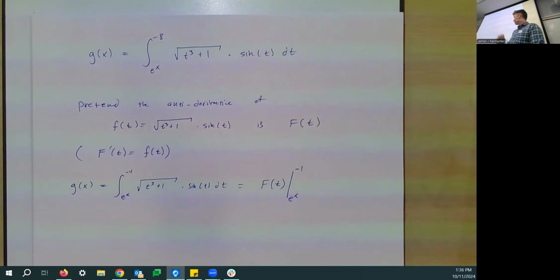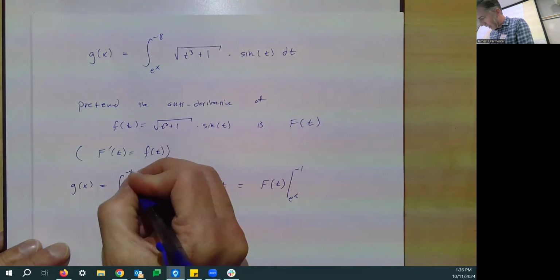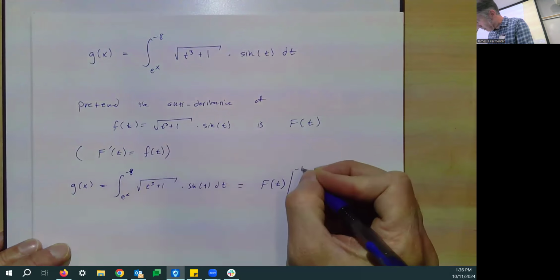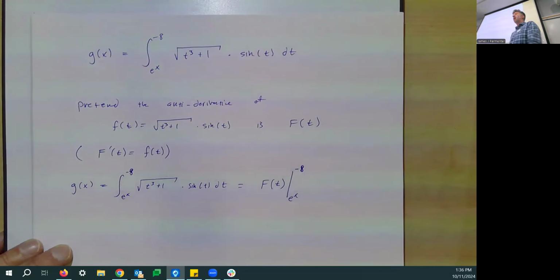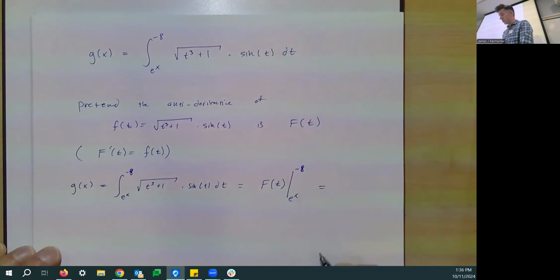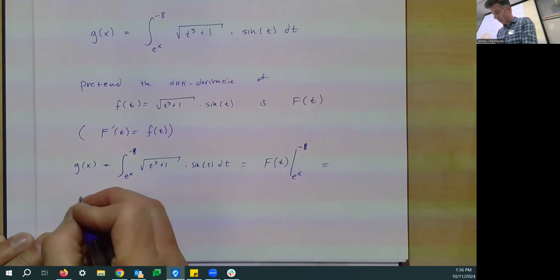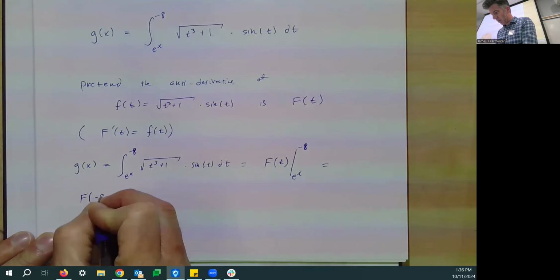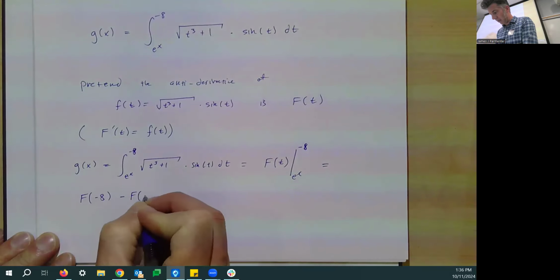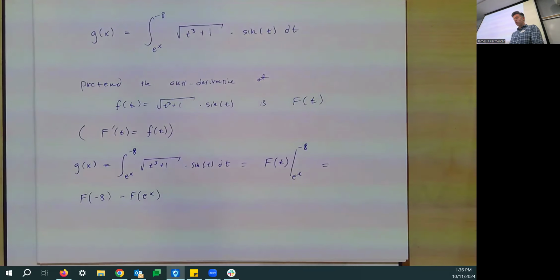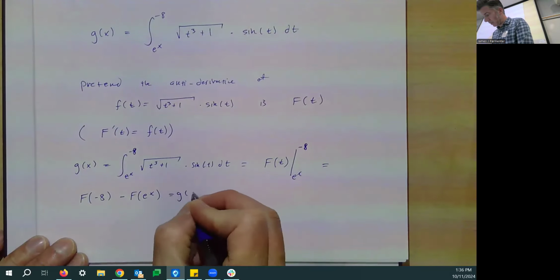Oh, was it negative 8? Yeah, sorry. My 8 became a 1 somehow. Apologies. It won't actually affect the answer, but yes, we should still use the same numbers. So then we're going to plug in our limits of integration. We're going to get F of negative 8 minus F of e to the x. Cool. So that's my function, g of x.